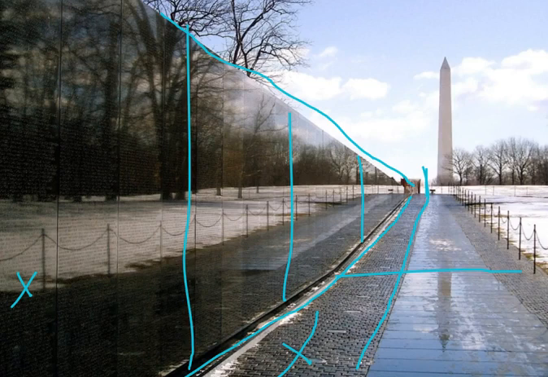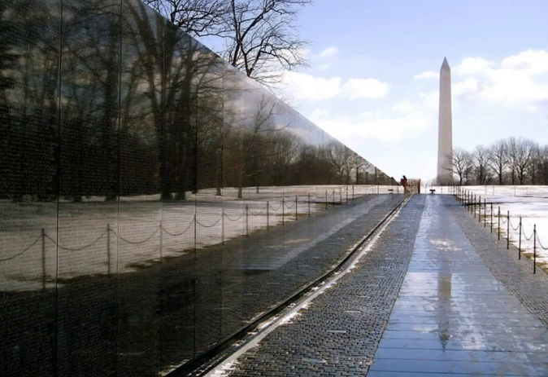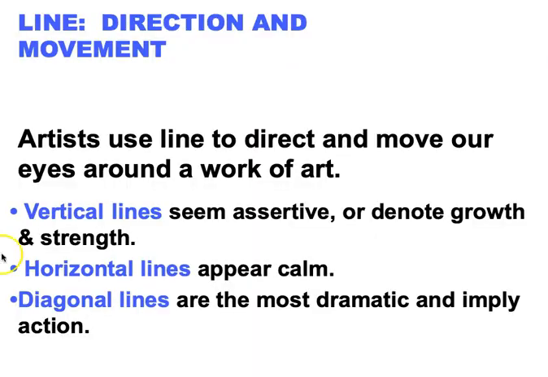That is a use of a vertical line that's really strong. I'm going to click back to the other slide now and tell you. Vertical lines seem assertive or denote growth and strength. So it just makes sense that she would use that vertical right at the vertex of the two lines, the two granite walls coming together.